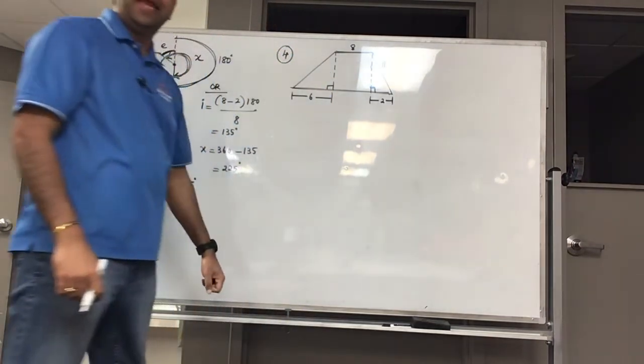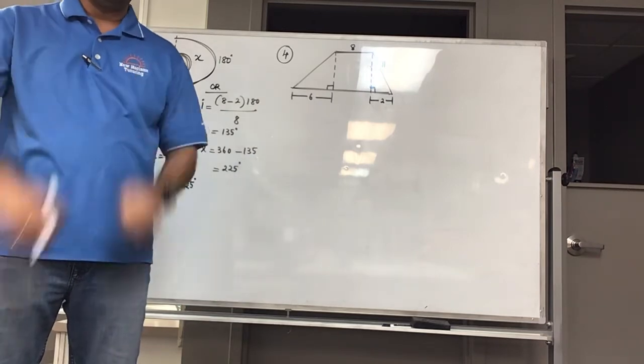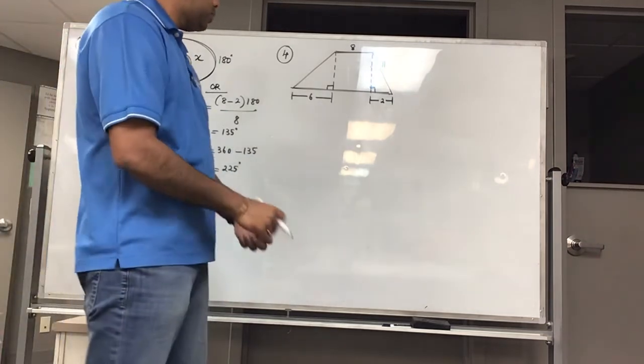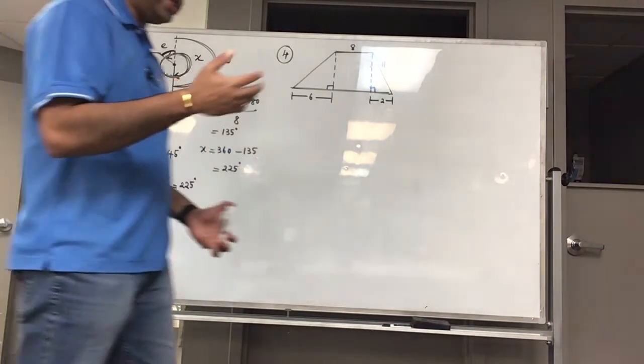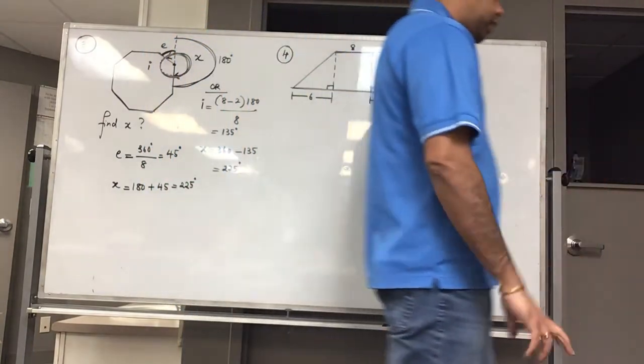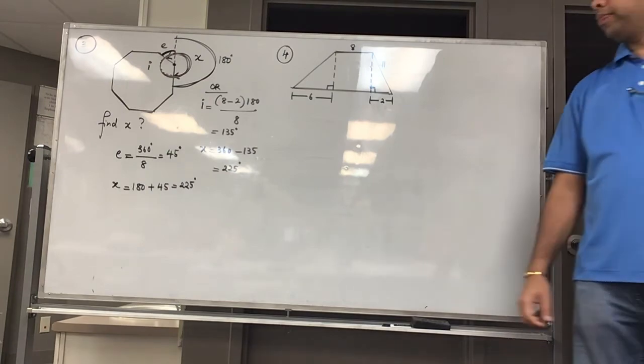Find the perimeter and the area of this trapezoid. Go. If it's a decimal answer, I just need 1 decimal place, okay? That's all I need. I need the perimeter and the area.